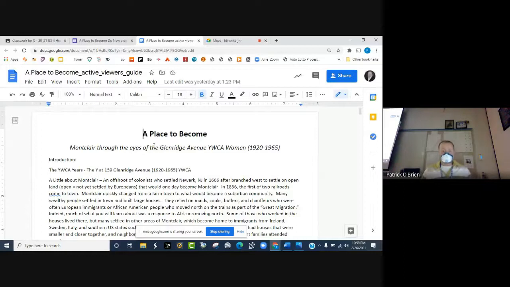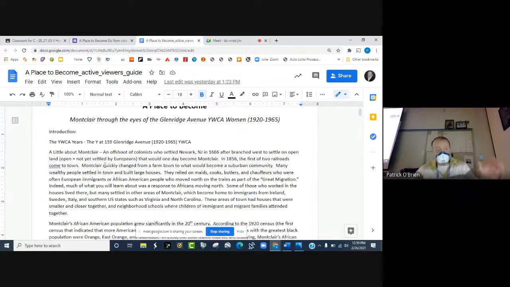The subtitle is Montclair Through the Eyes of the Glenridge Avenue YWCA, 1920 to 1965. The YWCA is the Young Women's Christian Association, the female version of the YMCA. So, Gabby, can you read the first paragraph, a little bit about Montclair, and then you'll call on someone to read the second paragraph.